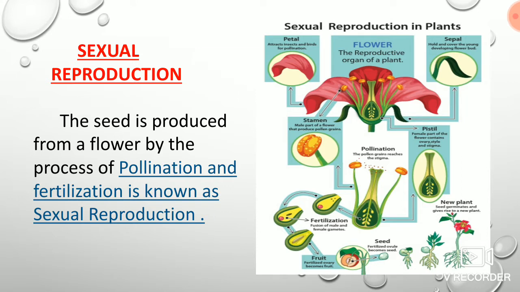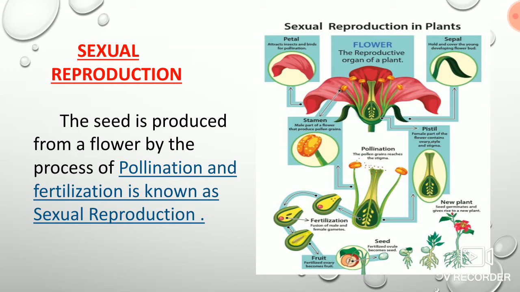Sexual reproduction. What is sexual reproduction? The seed produced from a flower by the process of pollination and fertilization is known as sexual reproduction.